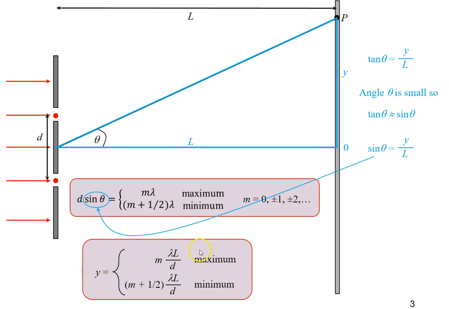So if m equals 0, you're going to have a maximum, because you get m lambda L over d, and that corresponds to y equals 0 or theta equals 0. So that's describing the fact that you always have an intensity maximum right here, right across from the center of the slit separation.